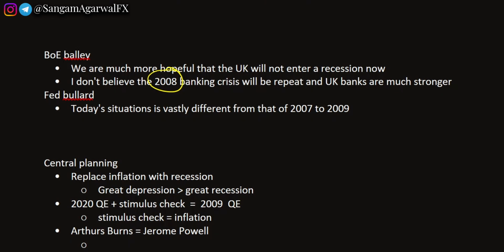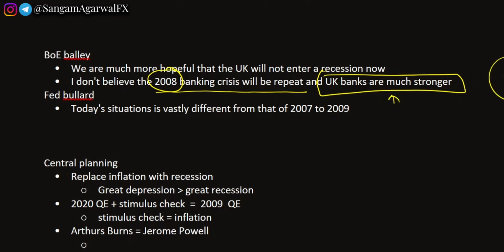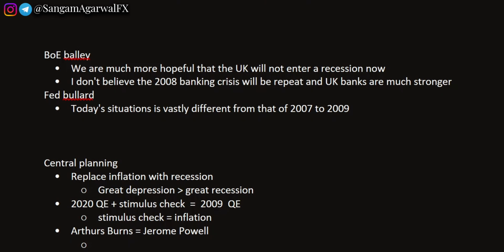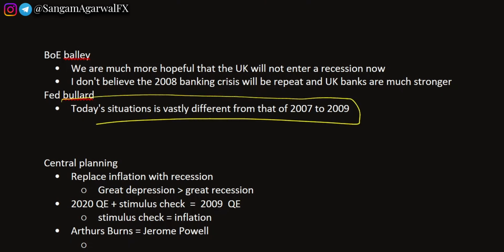They are saying that the 2008 banking crisis will not repeat and UK banks are much stronger. Germany is saying the same thing, the UK is saying the same thing, and the US government is already saying the same thing. And since the blackout period is over, now they will speak every day and confuse you by giving their fake forecasts.